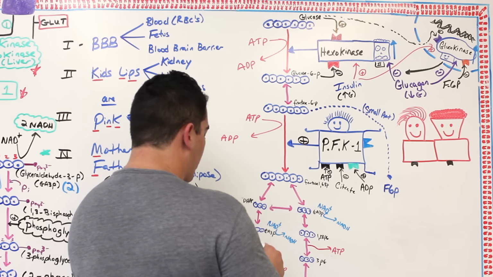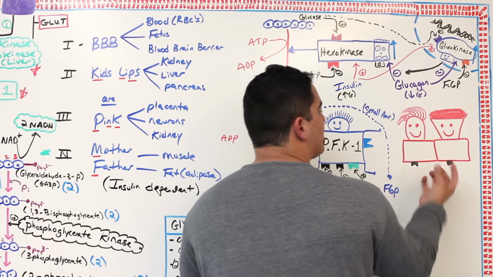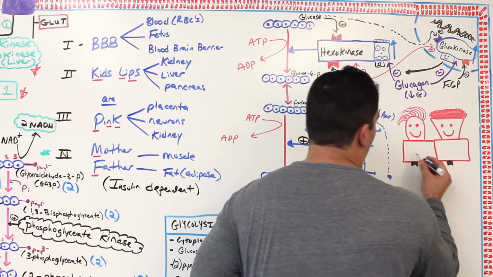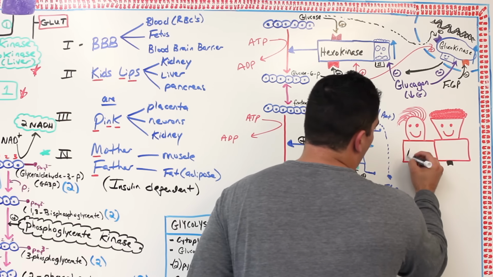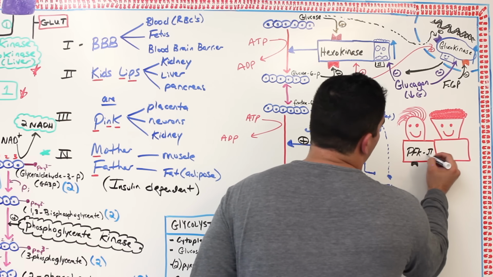This is a bifunctional complex, basically. It's two enzymes joined together to act as one whole enzyme. So look at this, I have two components of this enzyme. One is a phosphofructokinase 2 component.